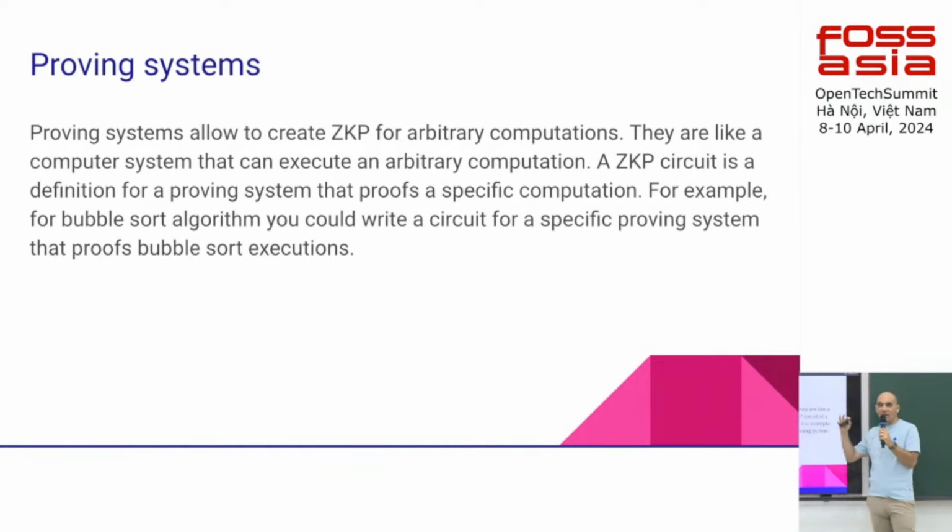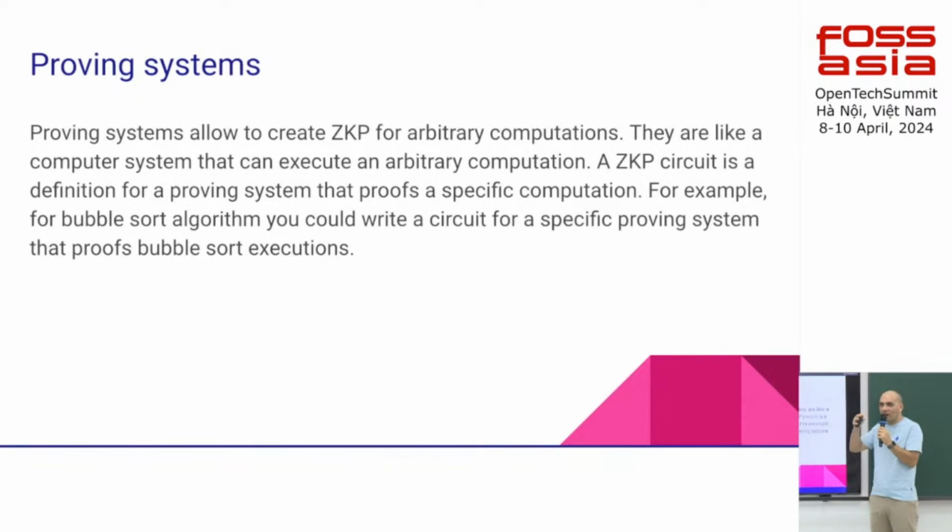And now the innovation that is making this usable in software engineering and for creating applications is the invention of general proving systems. So we have systems that allow you, for a general computation, to create a zero knowledge proof.